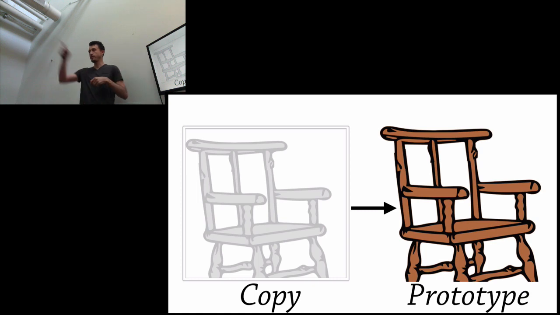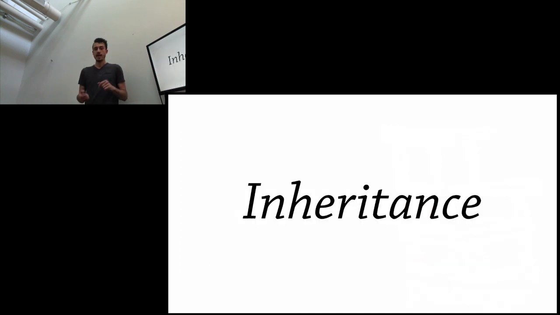A computer can refer to something else. All I need to do to have a chair that's exactly like yours is to point at it. This is how prototypes are used to create new things, and this is what inheritance means. Inheritance is about sharing. If I want a chair just like yours, I just share the entire chair with you, or I inherit your chair.